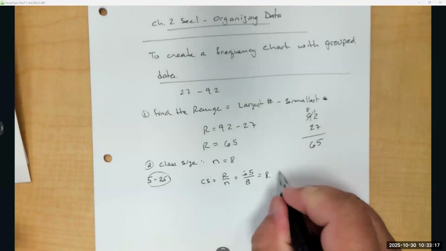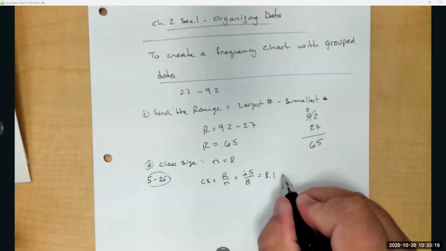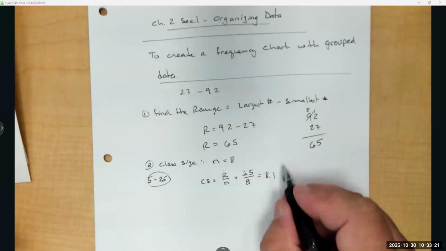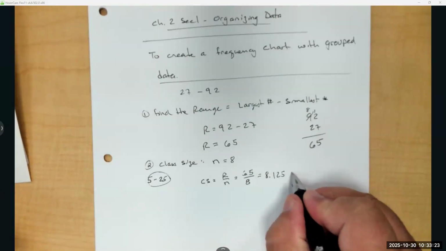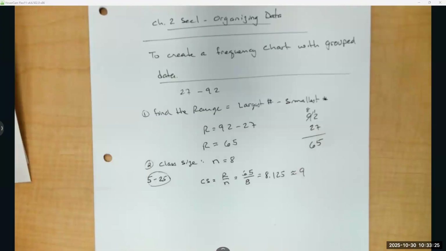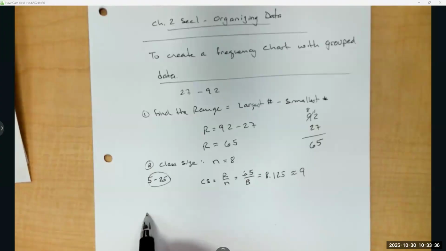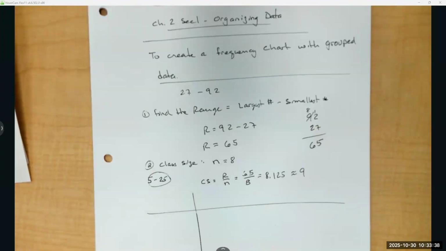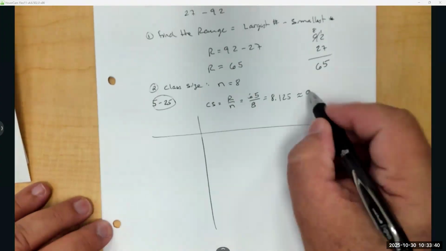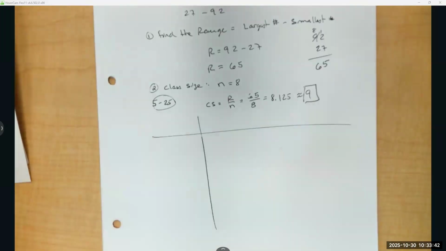Yeah, so it's 8 point something. So we round it up to 9. The reason we do that is because we don't want to worry about adding too many decimals. So in our set, each class will be 9 units long.